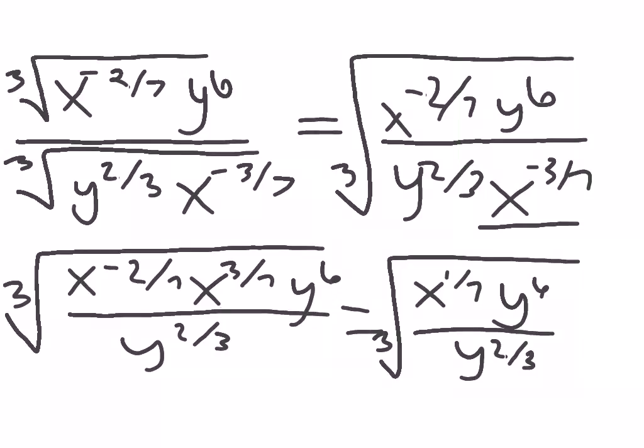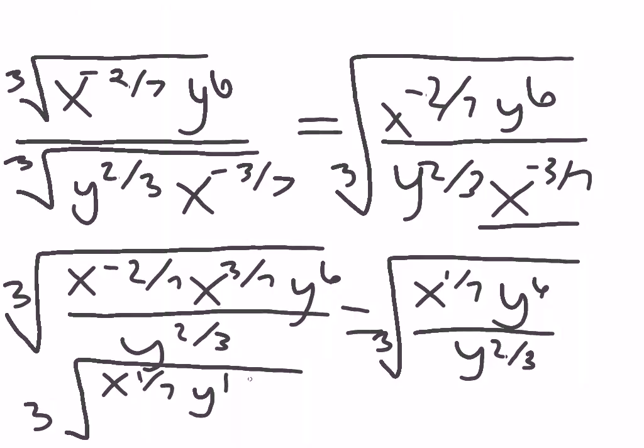So I'm going to go ahead and rewrite y to the 6th as a fraction with a 3 in the denominator, and so the only way to do that would be to write the cubed root of x to the 1/7, I'm just rewriting this whole thing, x to the 1/7 y to the 18 over 3, because that is the same thing as y to the 6th, all over y to the 2/3.